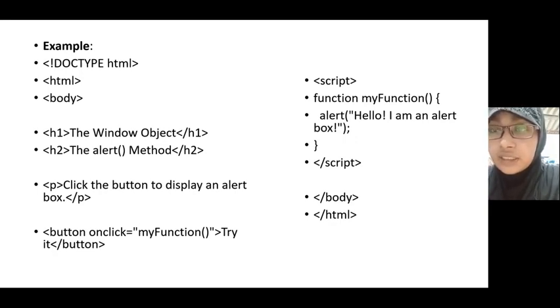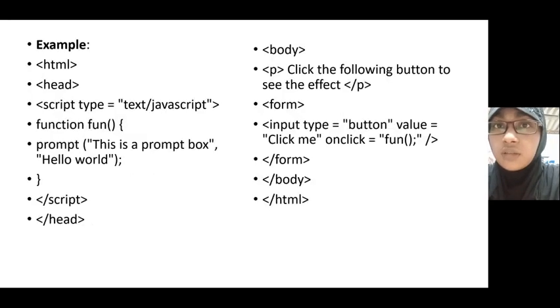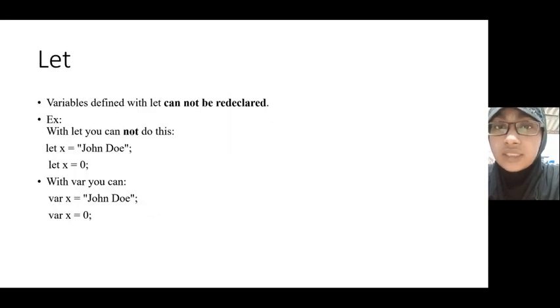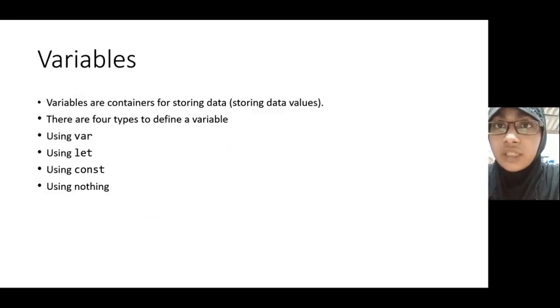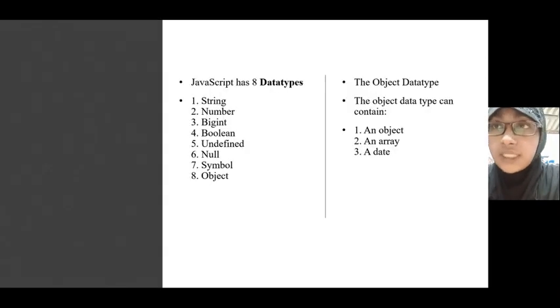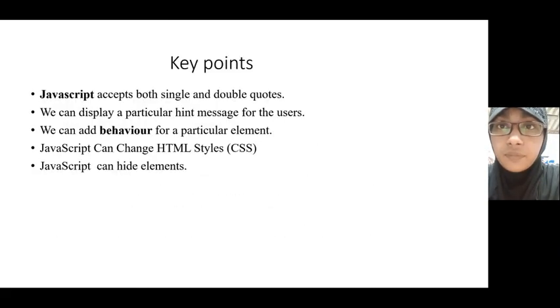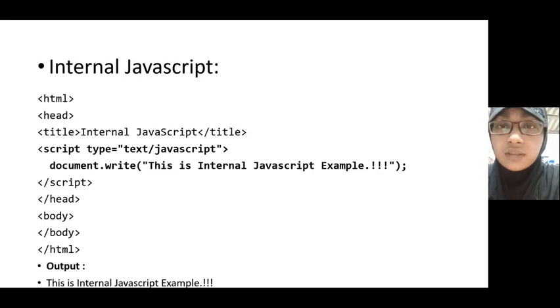Basically, the introduction, strings and string methods, alert, prompt, different types of variables and how to declare them, different operators. We also discussed data types, comments, and some key points.